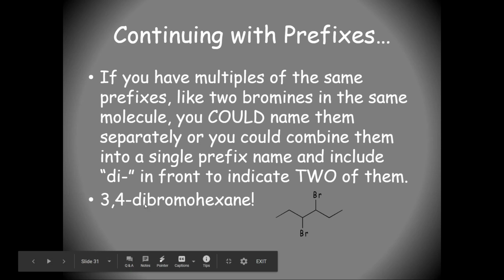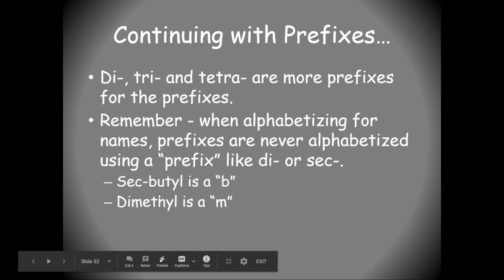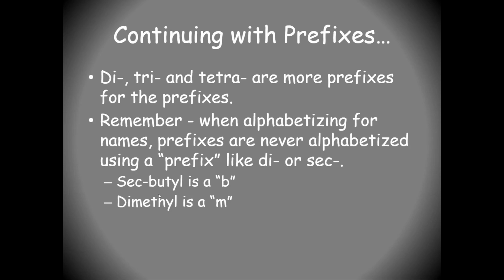That indicates that on the third and fourth carbons we have our bromos, and that there are two of them total. Again, remember, we'll also have di, tri, tetra, based off of how many methyl groups, alkyl groups, or haloalkyl groups we have.